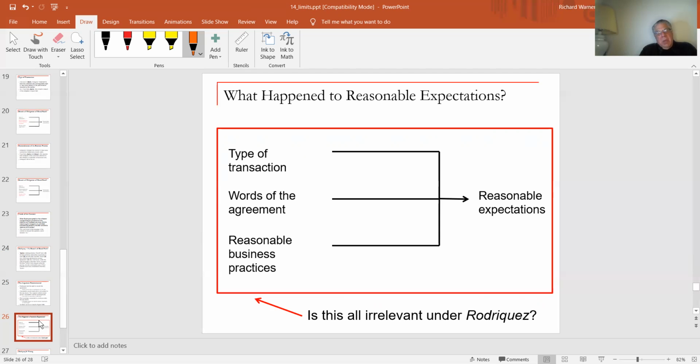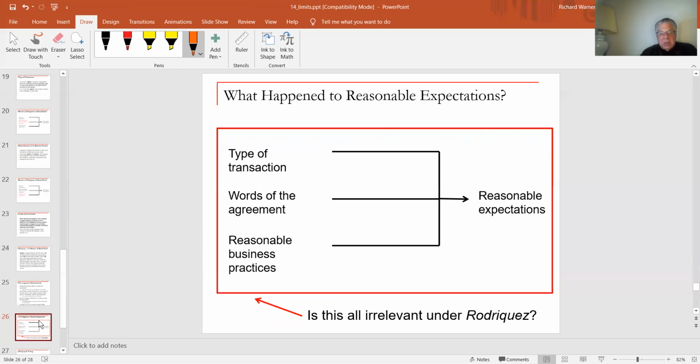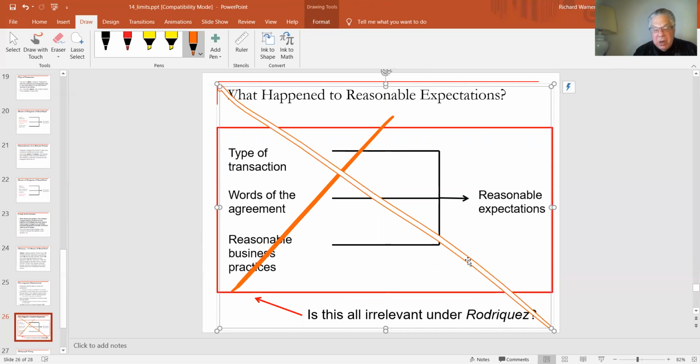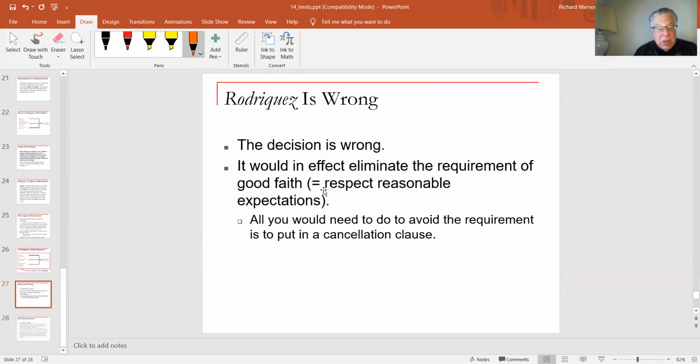But under Rodriguez, it doesn't, because once you add the cancellation clause, then according to this argument in Rodriguez, that's all irrelevant, right? In Rodriguez, there is no protection from reasonable expectation, the obligation of good faith, the requirement to respect reasonable expectations, just wiped out as soon as you put in the cancellation clause. And that can't be right.